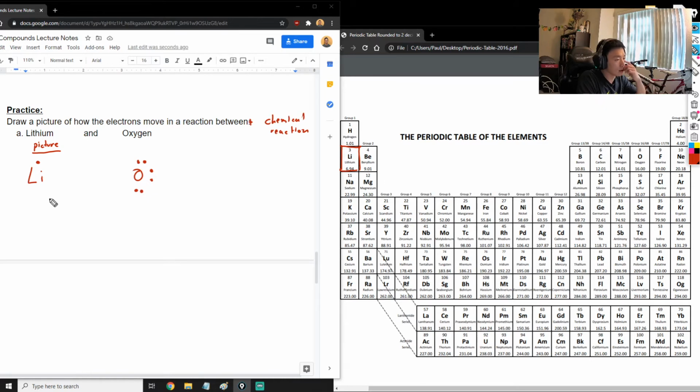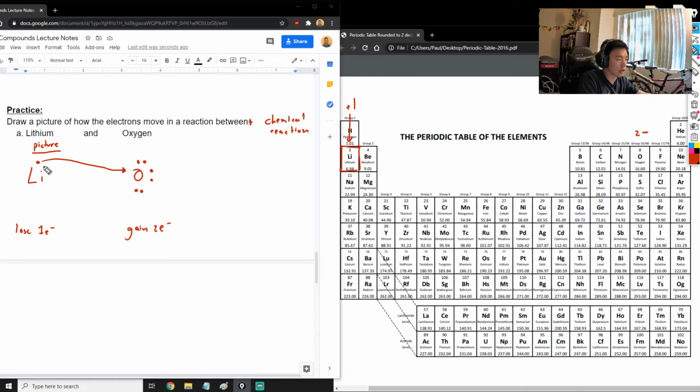Okay, so lithium, we know that the charge is positive 1. Since it's positive 1, it wants to lose 1 electron. And oxygen, we know the charge is negative 2. That means it wants to gain 2 electrons. Okay, so what's going to happen is Li, since it wants to lose an electron, is going to give an electron to oxygen.